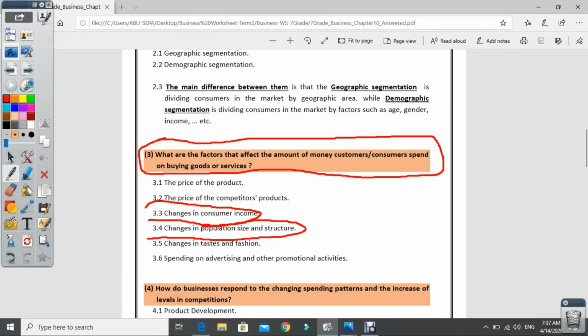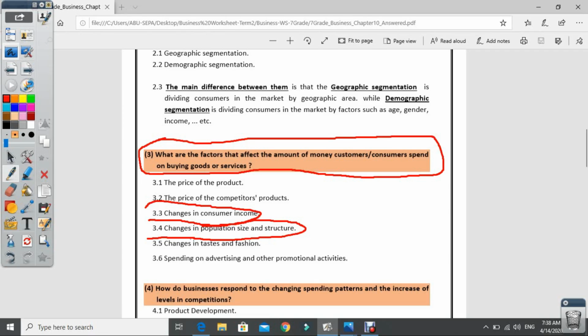For example, in some countries, there are fewer children being born, but people are living longer. We say that a country with more elderly people and fewer children has an aging population. The sale of products for children will fall, but the sale of products for older people will rise.